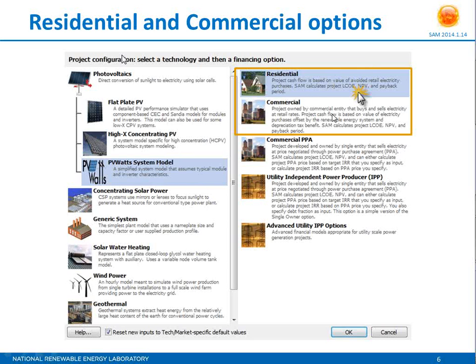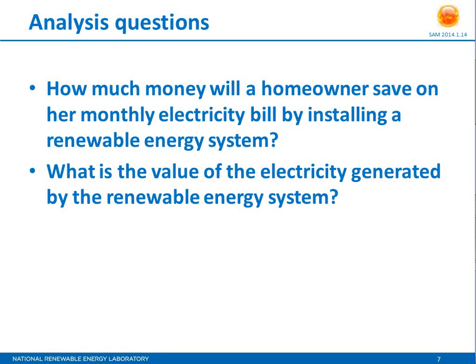So for a PV system using the PVWatts model, the residential and commercial models are listed here at the top. So you choose one of those. We're going to be using the residential models for our examples today, but we could show the same things with the commercial model.